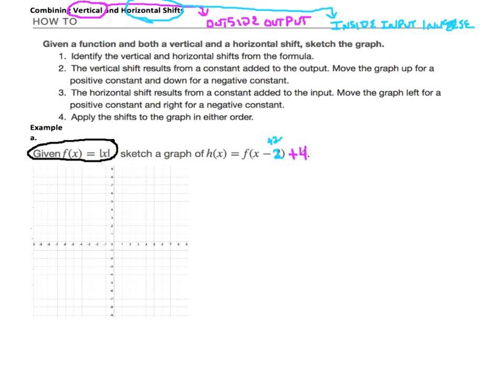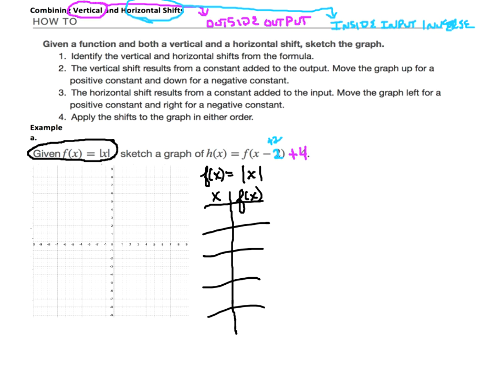All right, so my parent or my toolbox function is the absolute value of x. So I'm going to start with that f of x table. So this is f of x is the absolute value of x.